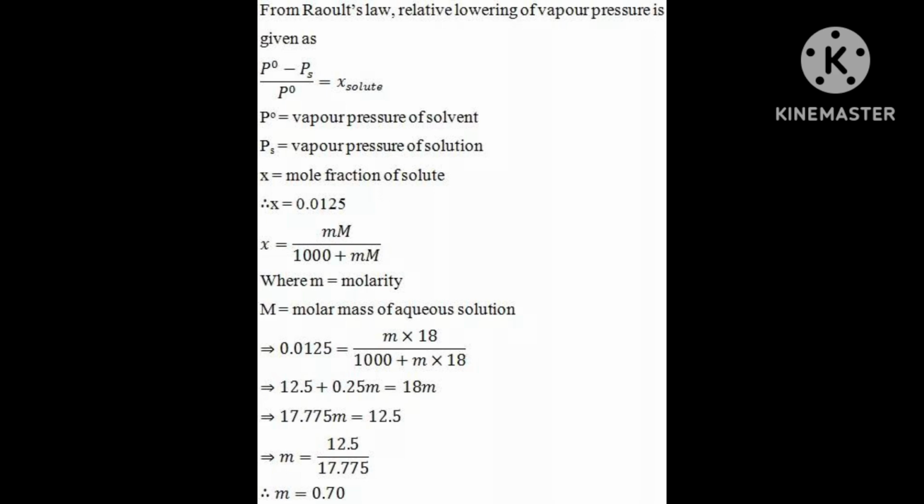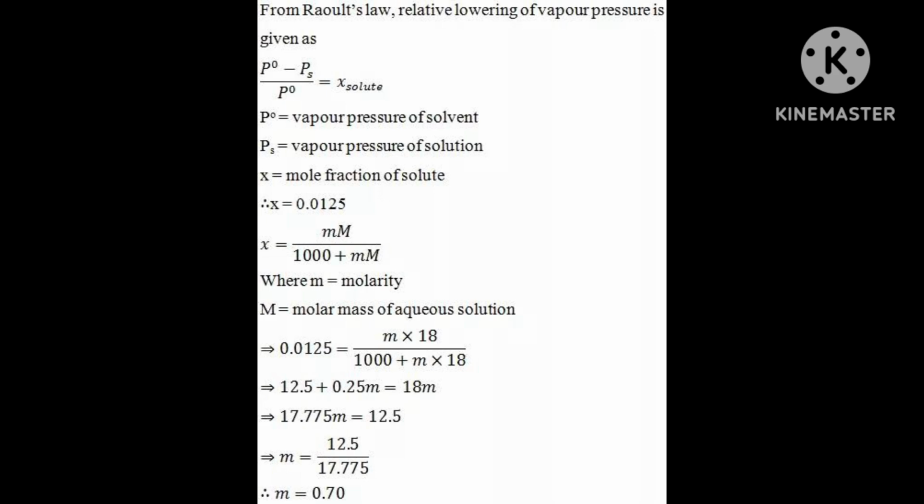You have to calculate. All values are given except the molecular mass of solute, M2. P1 naught value is given, 0.850, and P1 value is given, meaning the vapor pressure of solvent in solution, that value is 0.845.